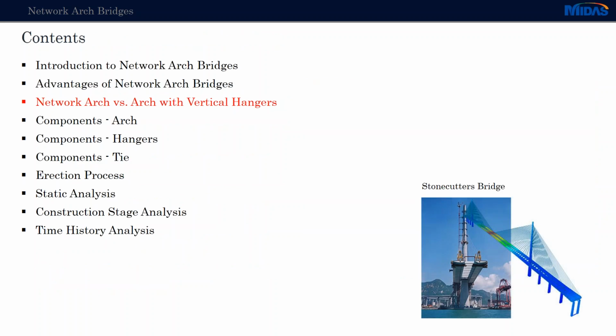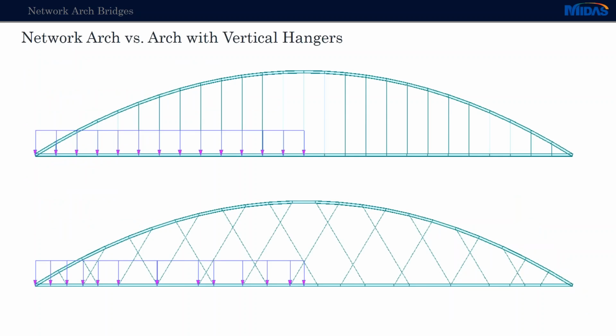Now let's see how this type of bridge compares to other types, arch bridges with vertical hangers. As you know, arches are very efficient structures, and work very well when the load is evenly distributed along the arch. But the problem comes when we have uneven loading.